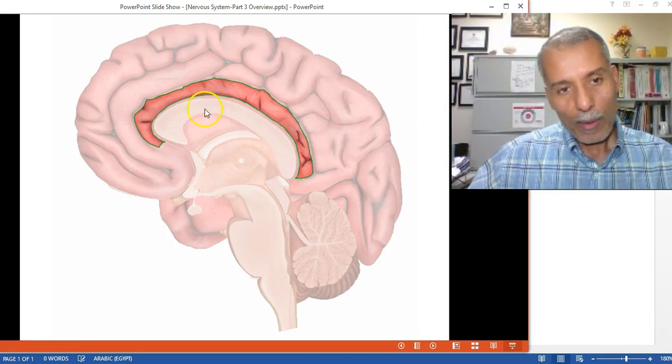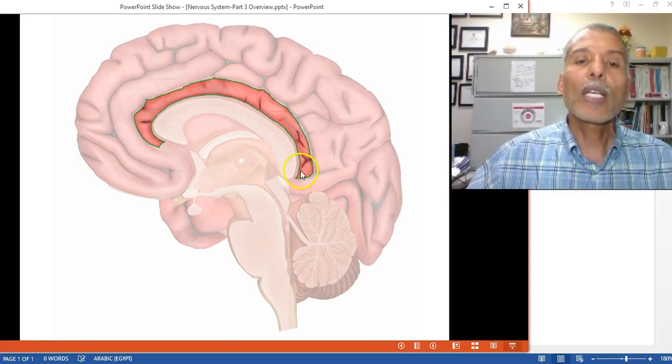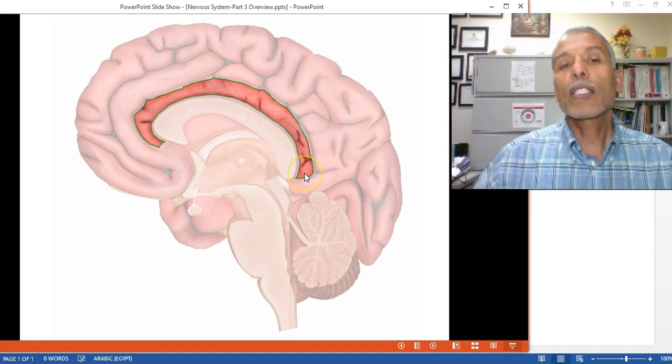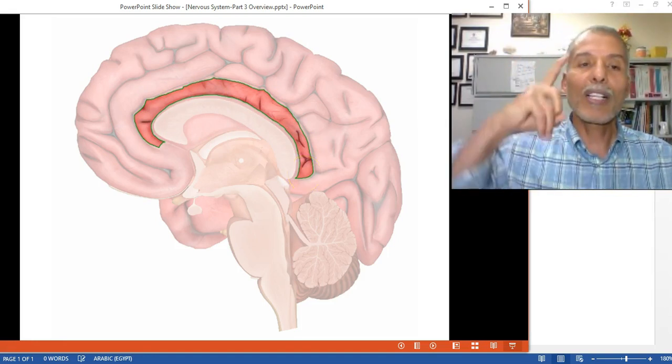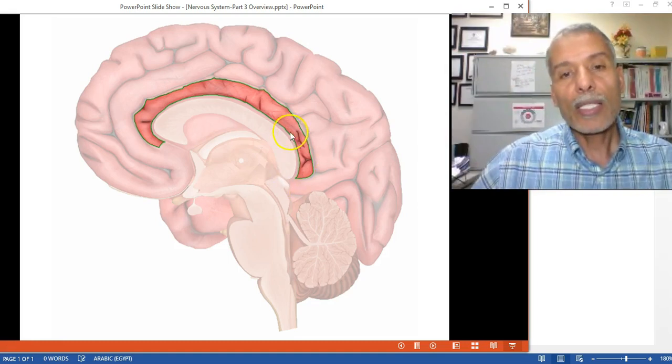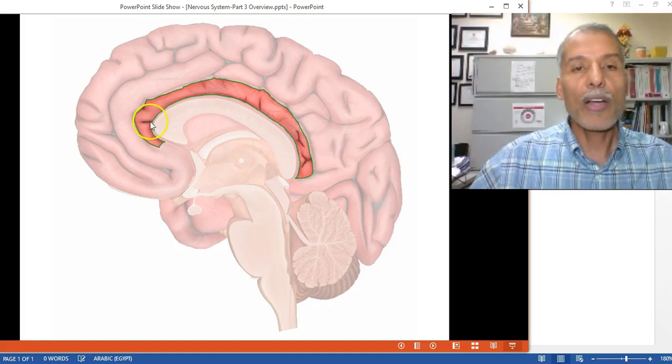Here's the corpus callosum. The cingulate gyrus lies superior to the corpus callosum, and it covers it from end to end. The cingulate gyrus is unique by itself. It lies there by itself. You do not have any other piece that is continuous this way from back to front except for the cingulate gyrus.